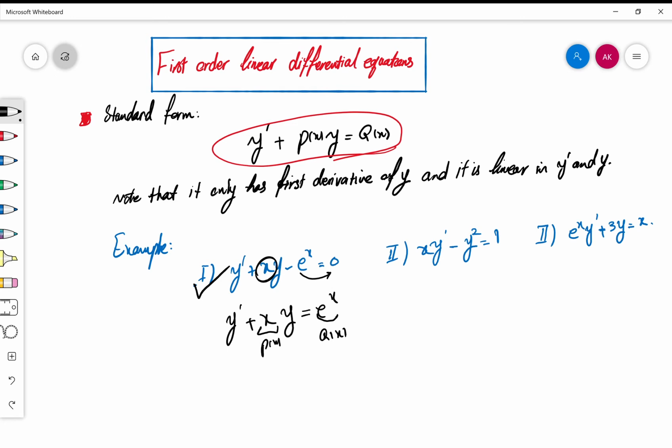How about this one? When I look at this, the first thing I should note is that I have a term of y which has power 2. It means that whatever I do, I cannot write it in this form. It is not linear in y. So it fails to be a linear differential equation. So it is not.